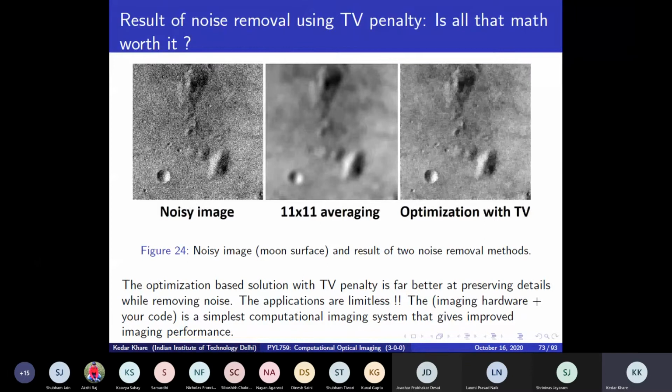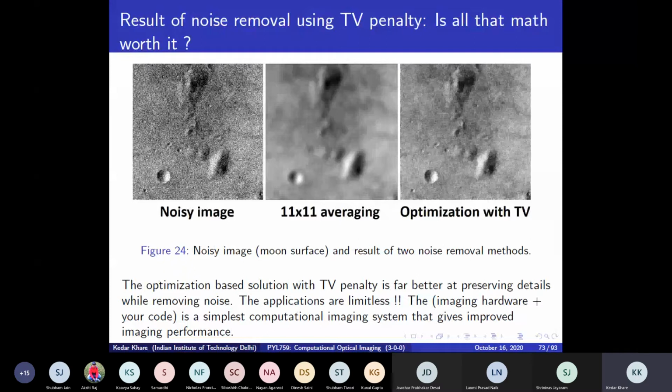For what I want to do with these images, if I want to find edges, or if I want to make some conclusions out of it, then maybe this image is far better than the original image. This may sound like just some image processing, but there is much more to it.